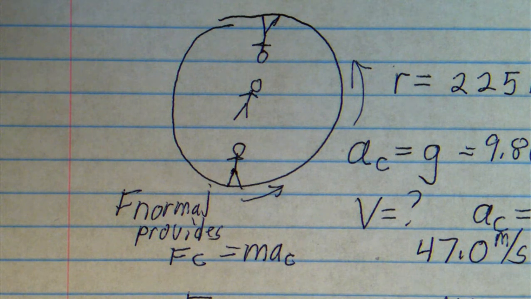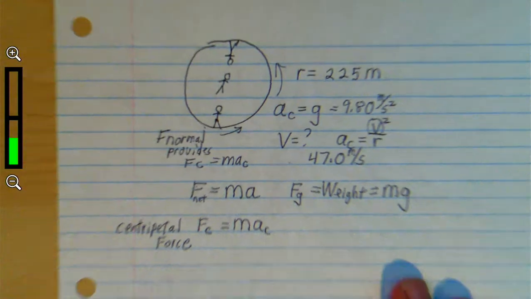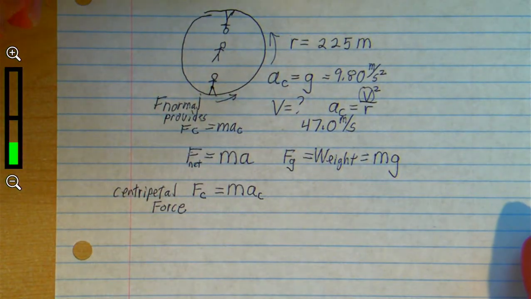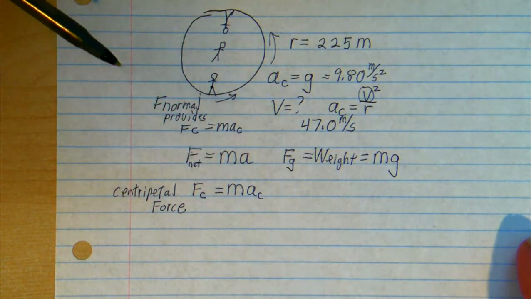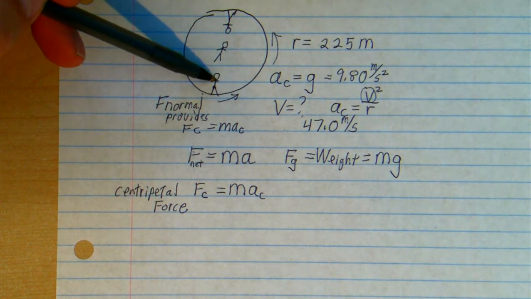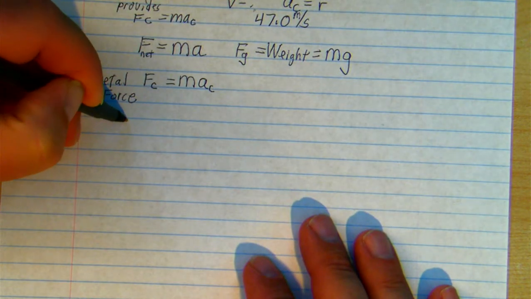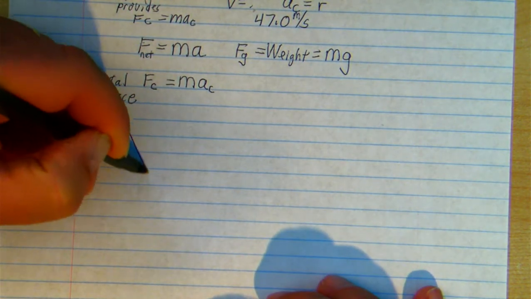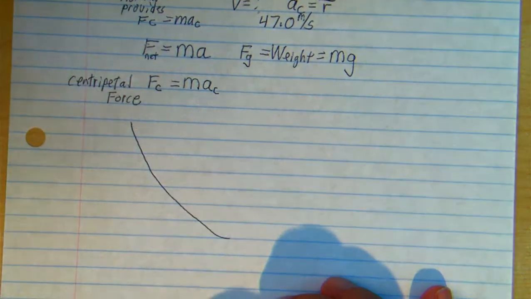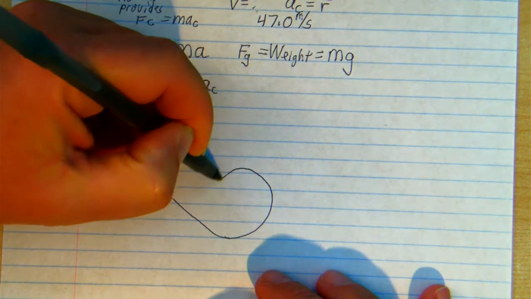Wonderful. Okay. So, armed with this deep understanding of centripetal force and how it's related to normal force, what if I took a ramp and at the bottom of this ramp, I built a little loop de loop?